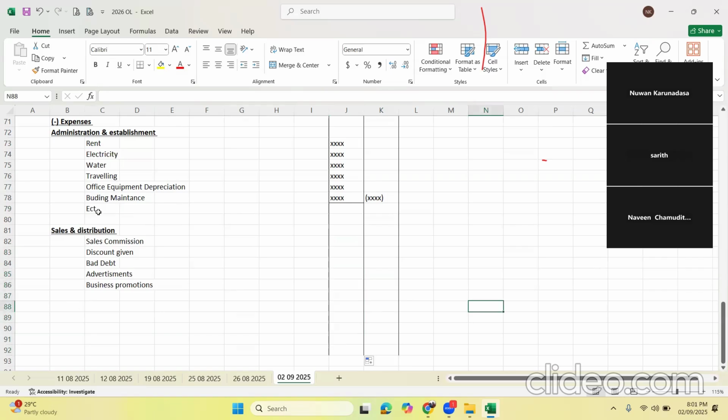Then you deduct the finance and other expenses, right?